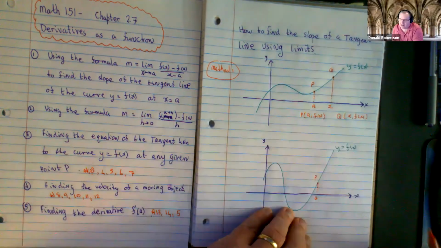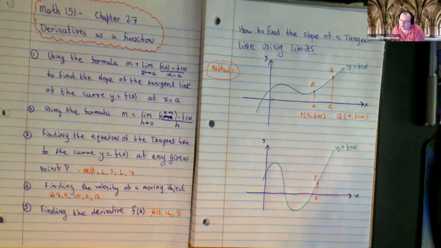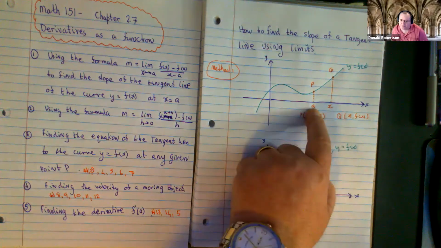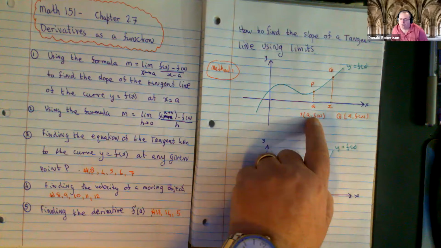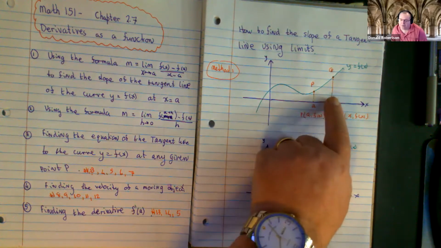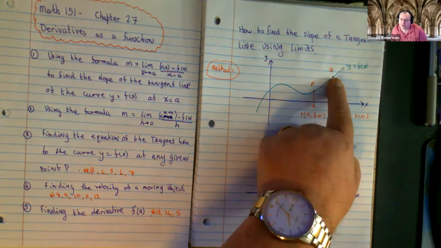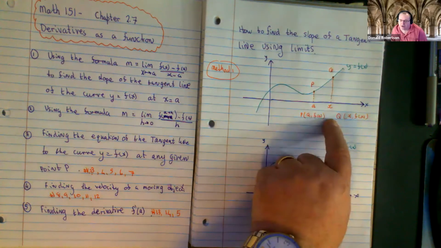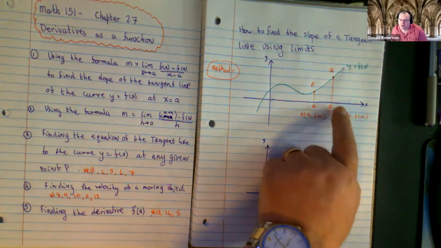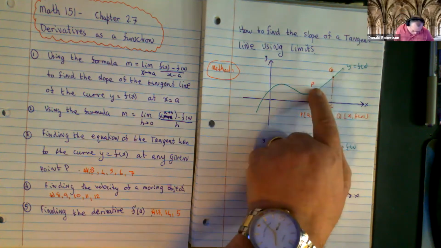So you couldn't get any more general than that, right? We're going to find the slope of the tangent line at the point P, and P is described as having an x coordinate of A, that's this guy. And what we're going to do to try and find a solution to that problem is you choose another point Q with these coordinates. And we'll assume that P and Q are really close to each other, right?